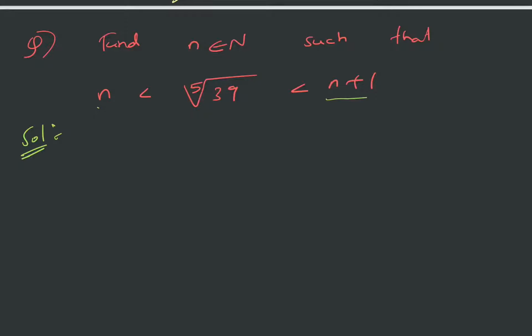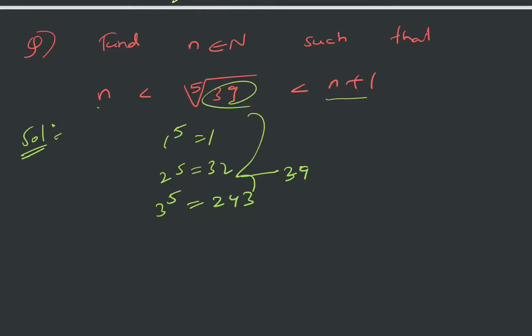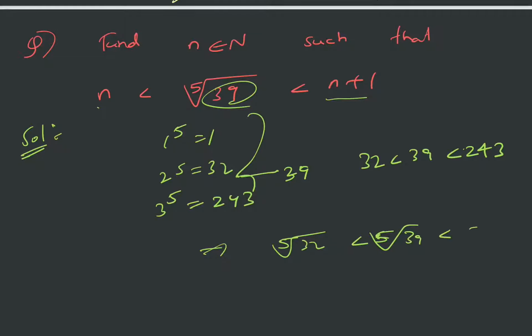So now you try to observe all the fifth powers. 1 power 5 is 1, 2 power 5 is 32, 3 power 5 is how much? 243. And you can see this 39 is between 32 and 243. So 32 is less than 39 is less than 243. So I can write fifth root of 32 is less than fifth root of 39 is less than fifth root of 243.